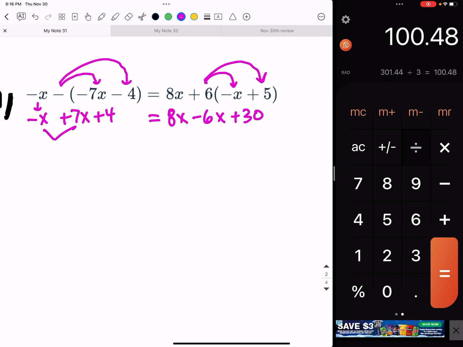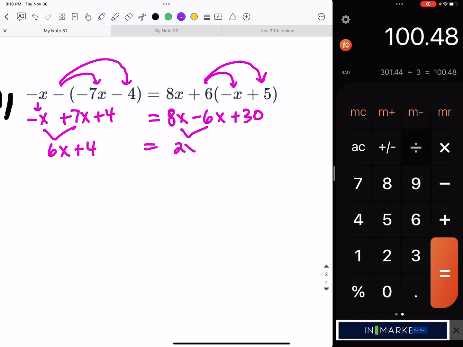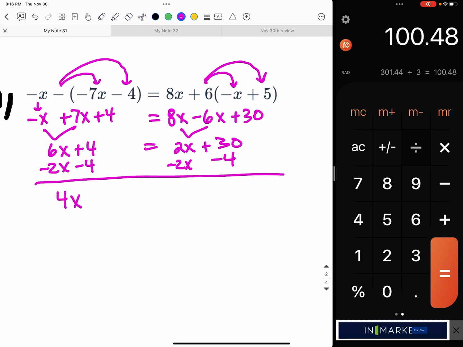I'm going to combine these to make 6x plus 4, equals, combining these, 2x plus 30. From there, I'm just going to subtract 2x. Minus 4, minus 4. It looks like 4x equals 26. Man, this doesn't seem right. Divide by 4. x equals 6.5.